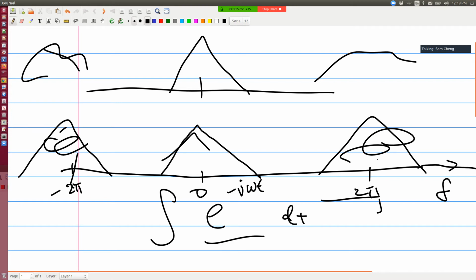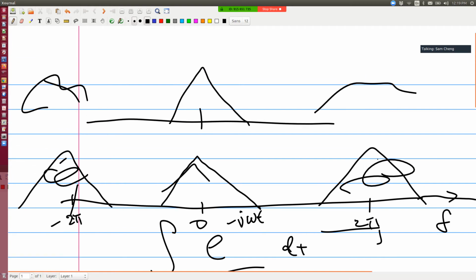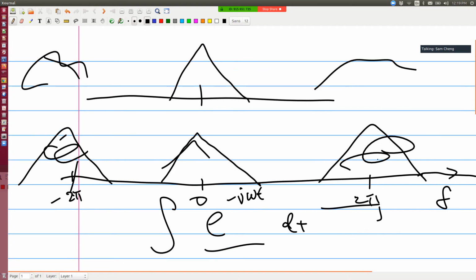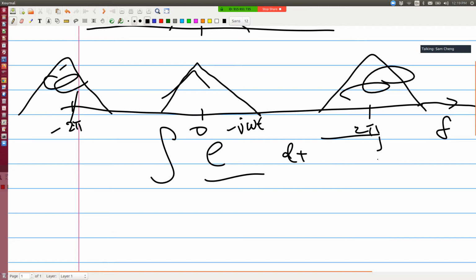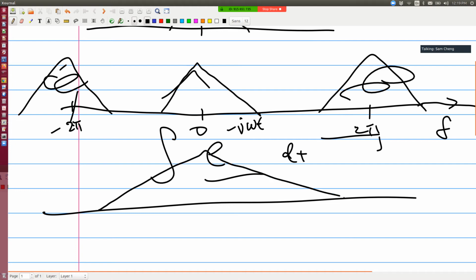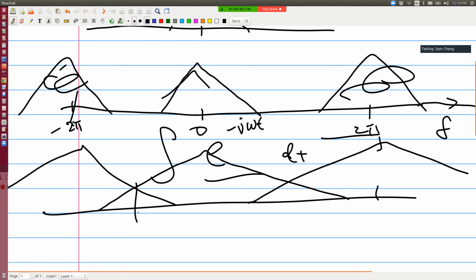And if my sampling rate is too low, then it starts repeating earlier, so it will look something like this. This in effect causes aliasing, right? That's what it is.